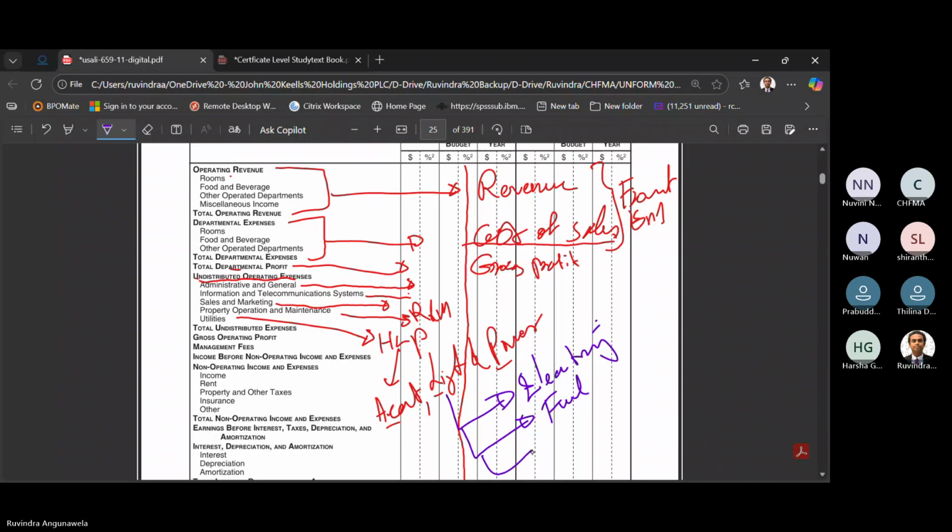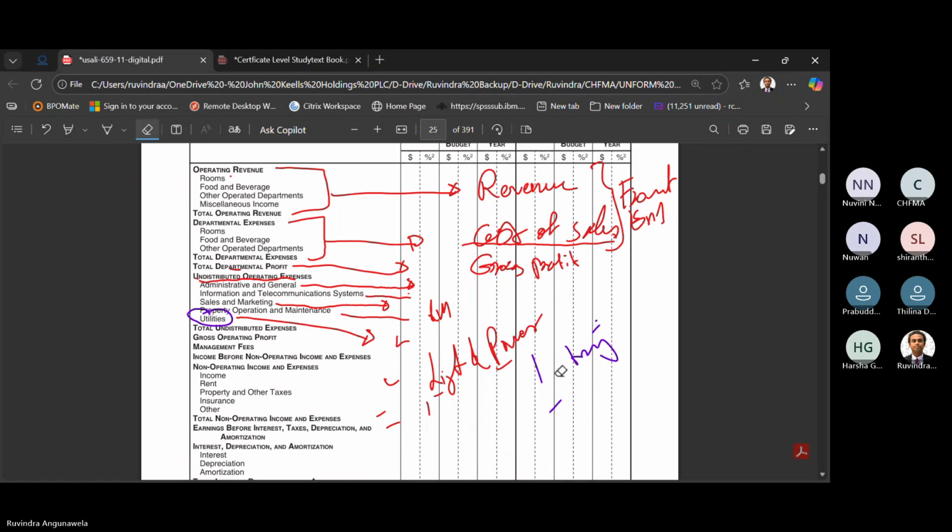Water. These are the main things that go into HLP, or heat, light, and power, otherwise known as utilities expenses. All right. Any questions up to now? Is it clear or is it not clear?